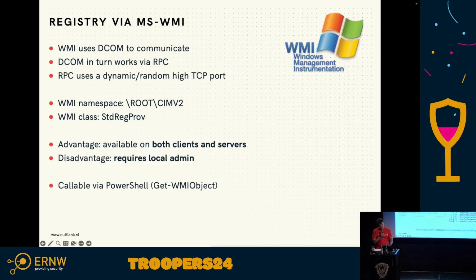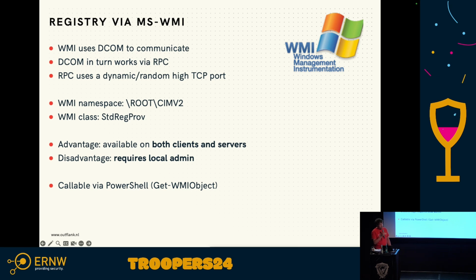And then there's one alternative via WMI. WMI uses DCOM, and DCOM in turn works over RPC via a high random number TCP port. The advantage of this is that it's available on both clients and servers, but the downside is that you require local admin on the remote machine.